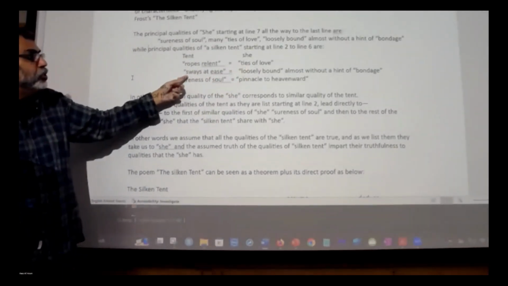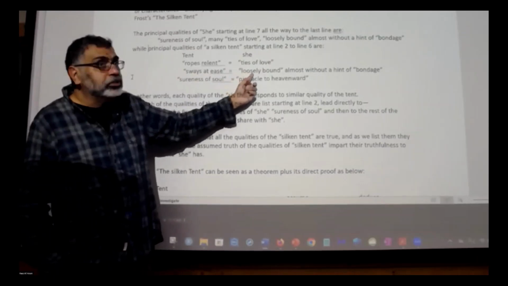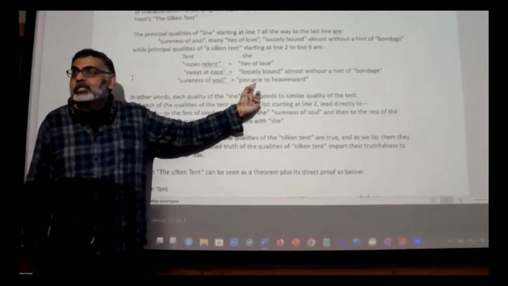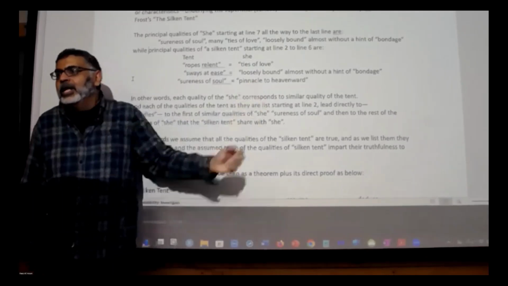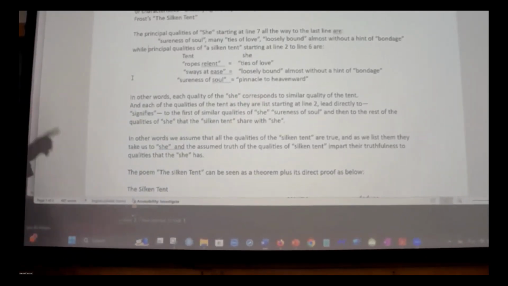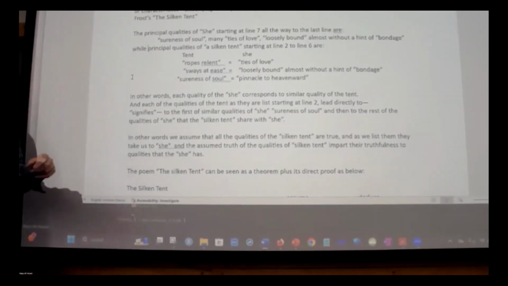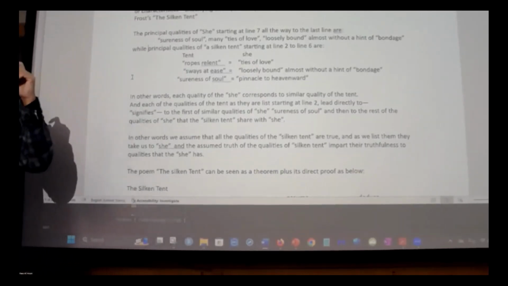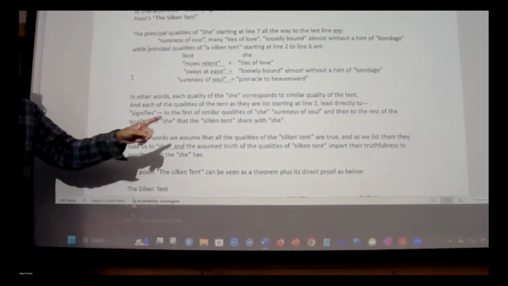Poise at ease, I thought was identical to loosely bound. And then sureness of soul, I thought pinnacle to heavenward. Okay, so what am I saying here? That the only reason why the silken tent and the she are being compared is that the qualities that they share are identical to each other.